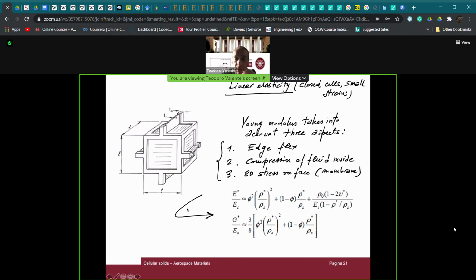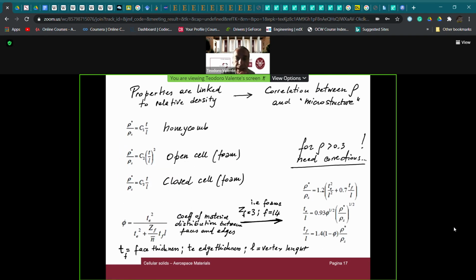But we do have also the phi parameter in this formula, which I want to recall to you; I go a little bit back.